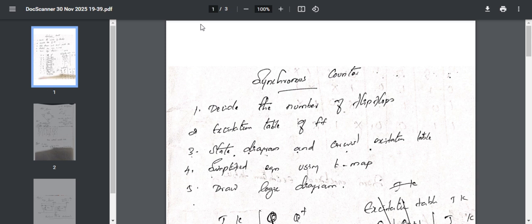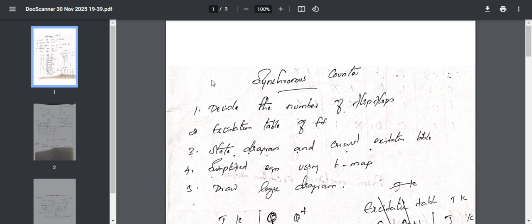So these are the steps. Step 1 is to decide the number of flip-flops, that is, with how many flip-flops you are going to design the synchronous counter. Step 2 is the excitation table of the flip-flop. We should know the excitation table of the flip-flop with which you are going to design the counter.